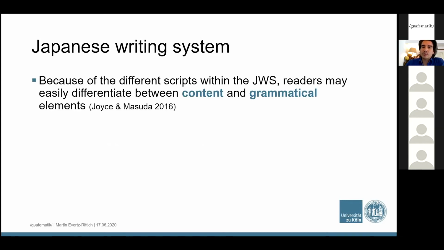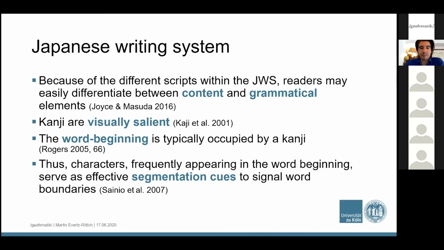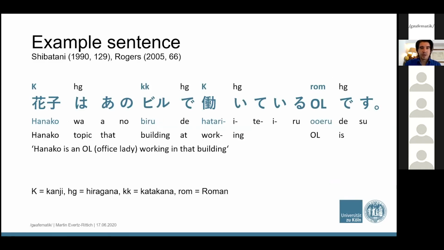Because of the different scripts within the Japanese writing system, readers may easily differentiate between content and grammatical elements. Kanji are also visually salient, as reading experiments showed. The word beginning is typically occupied by kanji. Thus, characters frequently appearing in the word beginning serve as effective segmentation cues to signal word boundaries. You can see it, I think, in this example sentence I took from Shibatani.